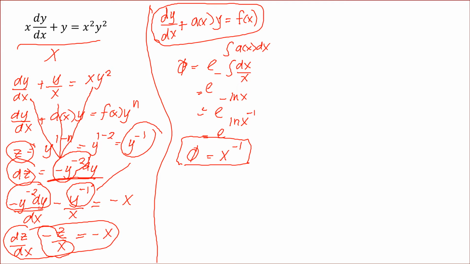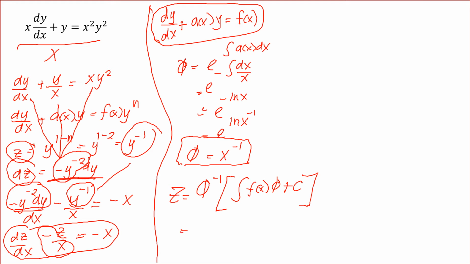Thus, your z is equal to phi to the negative 1 multiplied by the integral of f of x and the integrating factor, plus c.